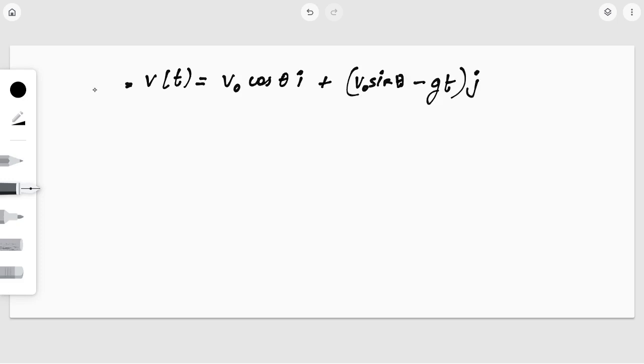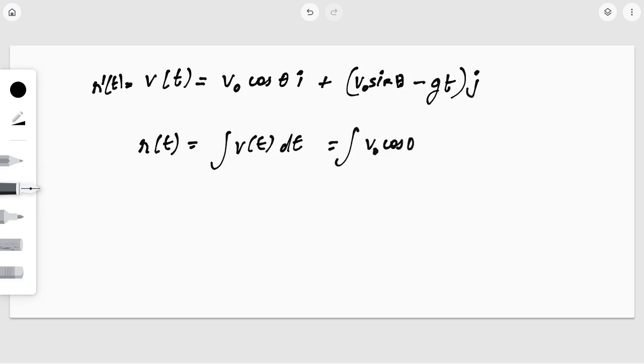We said that it is basically r'(t). Now what will be r(t)? r(t) will be the integral of v(t) with respect to t. That is, we have to integrate the above function, v0 cos theta i + (v0 sin theta - g t) j, with respect to t.